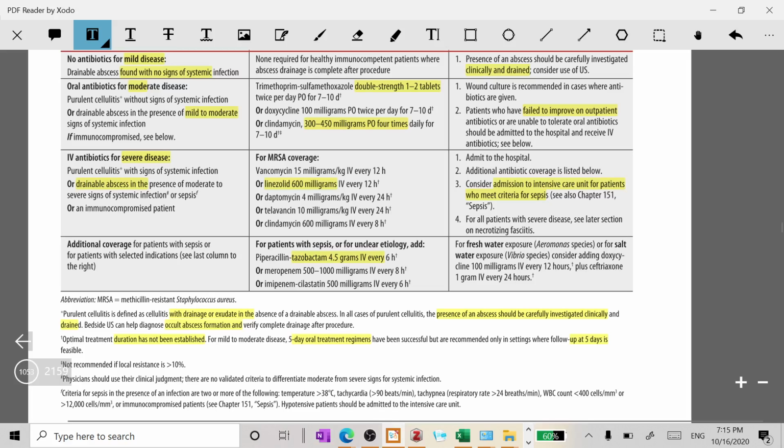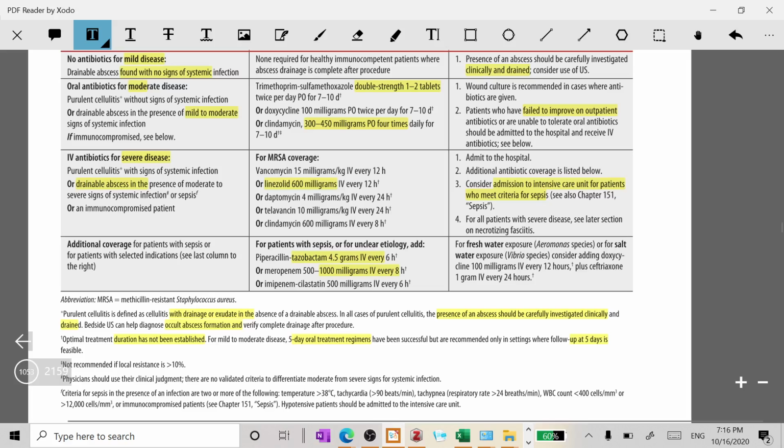Additional coverage is needed for patients with sepsis or selected indications. For them we will include broad spectrum antibiotics like piperacillin and tazobactam 4.5 grams IV every 6 hours, or meropenem 500 to 1000 mg every 8 hours, or imipenem-cilastatin 500 mg IV every 6 hours.